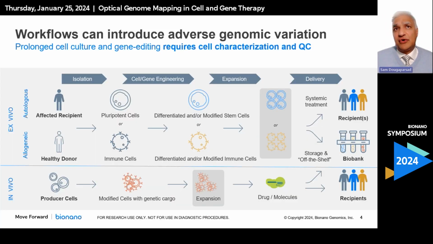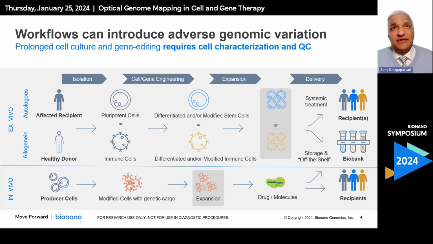These applications are overall summarized into two workflows: an ex vivo workflow producing cell products engineered for their functionality, with or without gene editing, and delivered back to a recipient as an autologous or allogeneic infusion, with an eventual banking of the product as well.